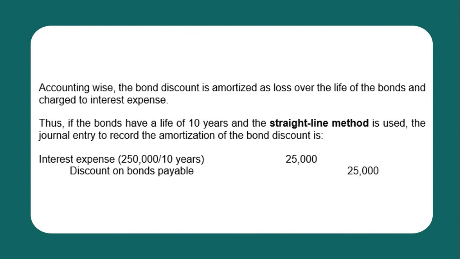Again, the premium credited to interest expense is in effect a decrease in the interest expense. Now, the amortization of the discount is charged to interest expense, meaning additional interest expense. If we amortize it over 10 years, there will be 25,000 annual amortization. So our entry is debit interest expense and credit discount on bonds payable at 25,000.